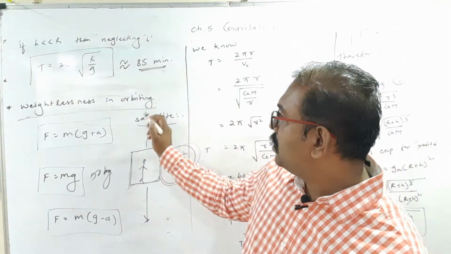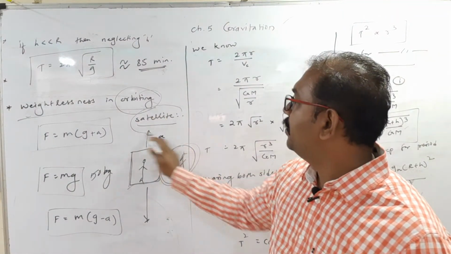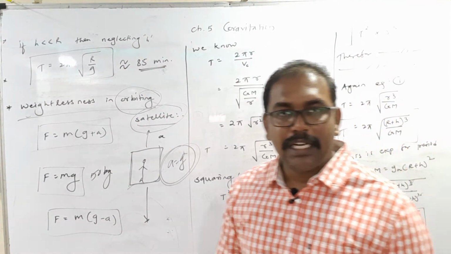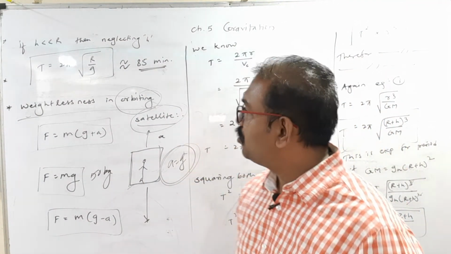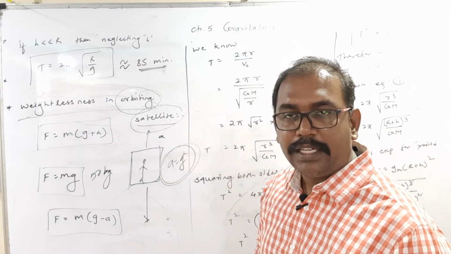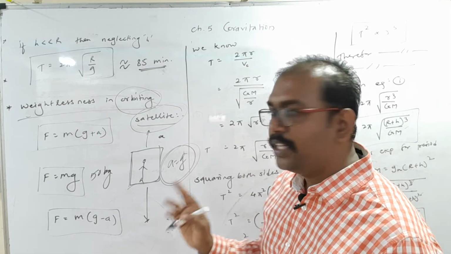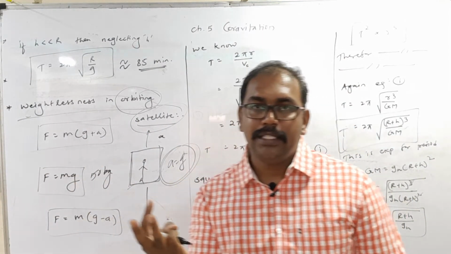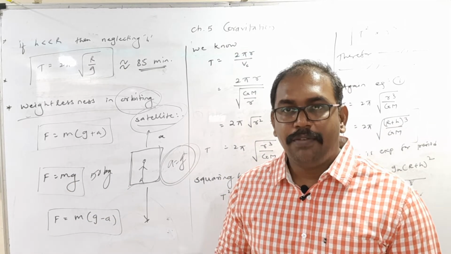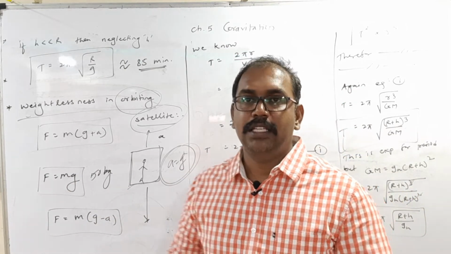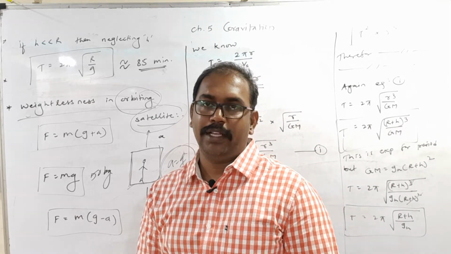Now forget about this. We have to discuss weightlessness in orbiting satellite. If the question is asked, why does an astronaut feel weightlessness in an orbiting satellite, you can write an explanation with two points. The first point is, we feel weight only when we exert force on the floor and at the same time the floor exerts force on us.